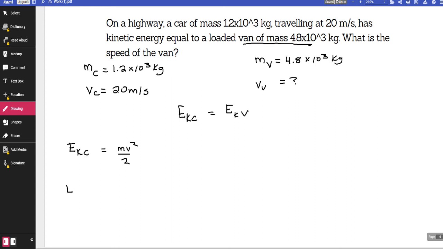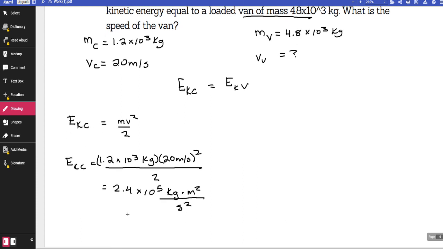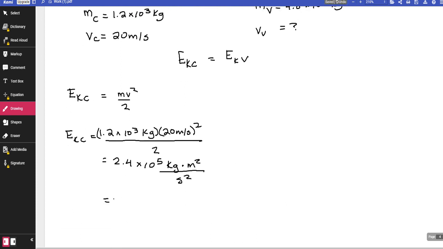Then you say, okay, this mass is 1.2 times 10 to the 3 kilograms multiplied by 20 meters per second squared, divided by 2, which gives us 2.4 times 10 to the 5 kilograms times meters squared per second squared, which is another representation of joules.